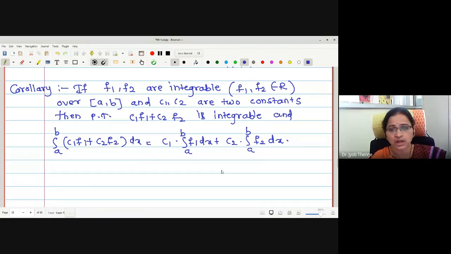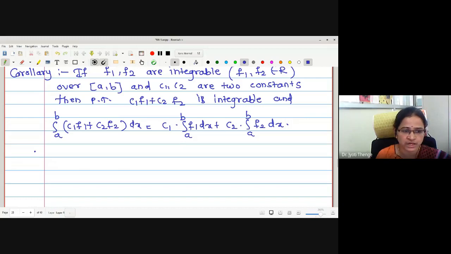Now we are going to prove the statement by using the second definition, the Riemann sum definition. Let us start the proof of this statement. For the sake of convenience, I will call this linear combination a function f. Let f is equal to C1 F1 plus C2 F2.